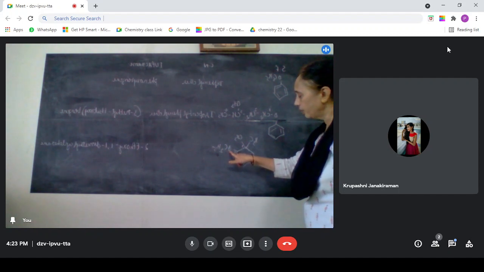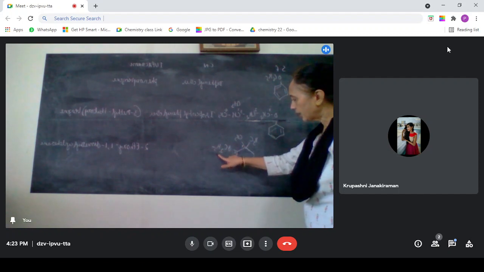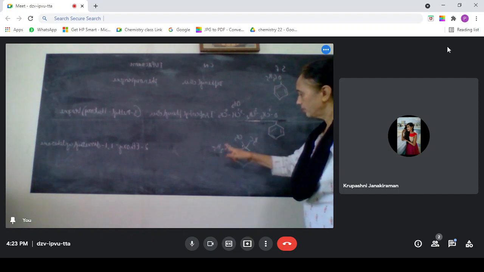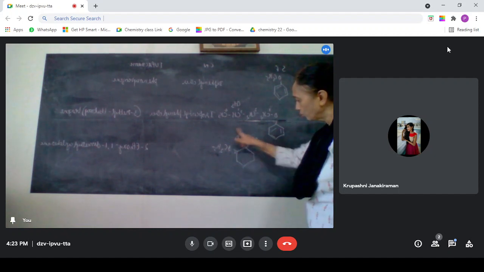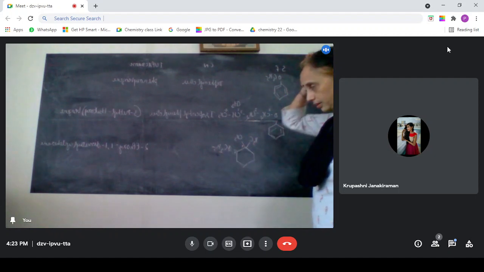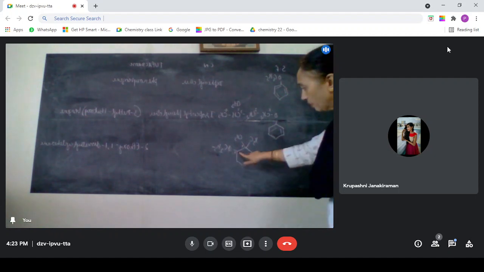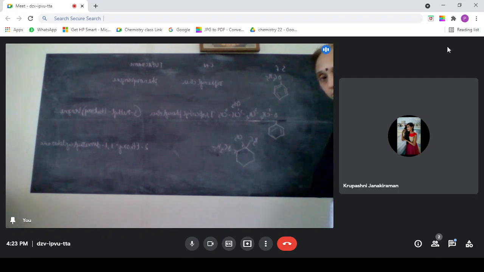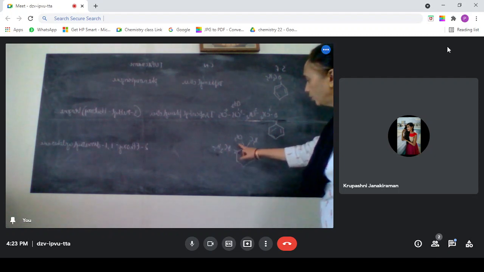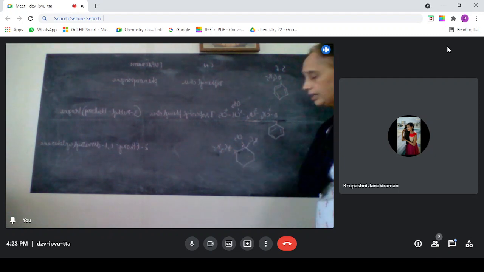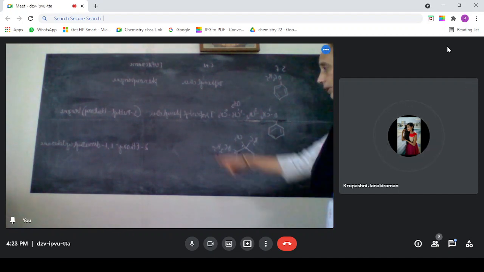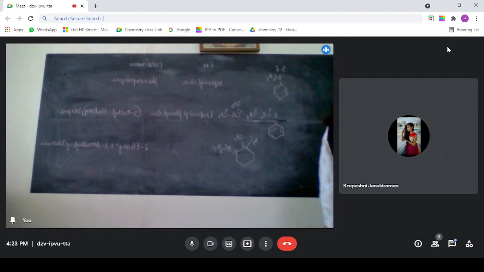So it will be ethyl, then it becomes 2,2-dimethyl cyclohexyl ether. This will be 1, this will be 2. Ethyl 2,2-dimethyl cyclohexyl ether. Yes, Auntie. That will be the common name. Okay.